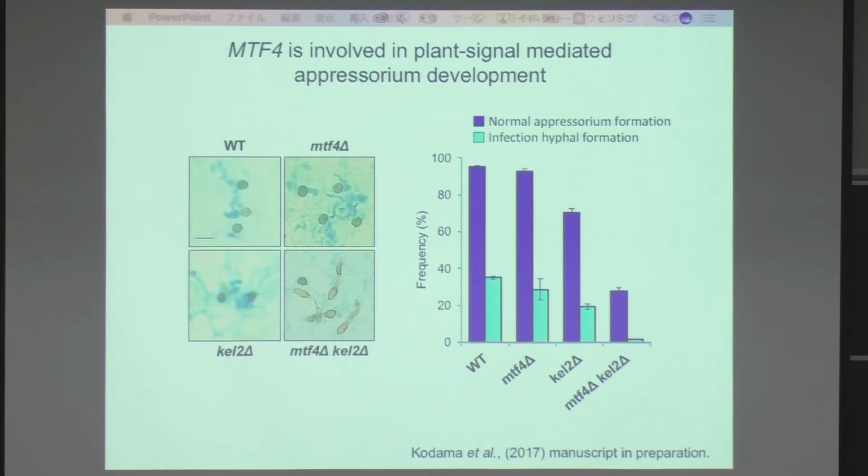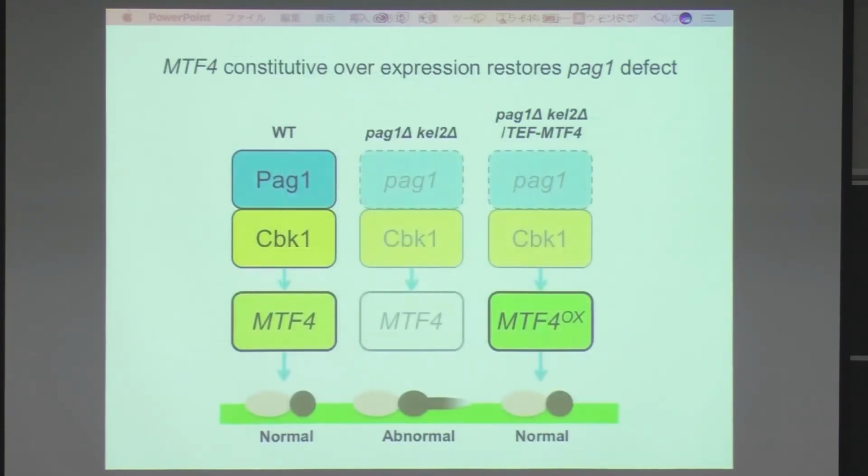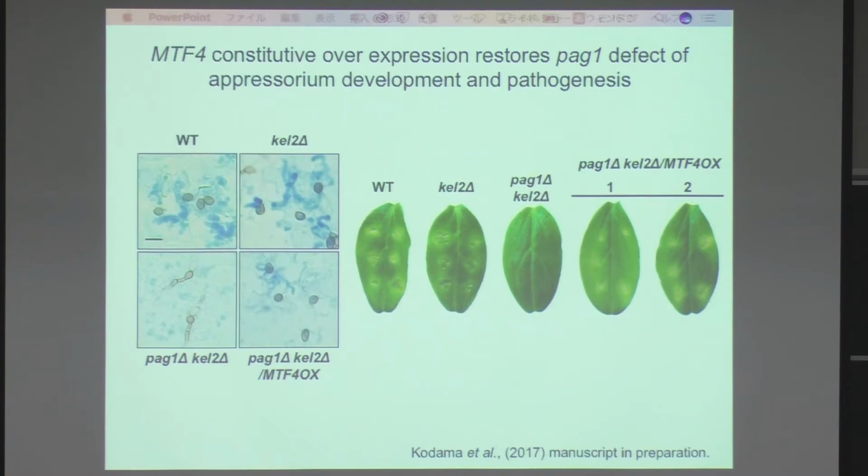So a single mutation does not affect pathogenesis or morphogenesis, similar to the PAG1 mutation. If MTF4 functions downstream of MOR, introduction of a constitutively active overexpressor to the PAG1 COK2 mutant would restore normal appressor formation. And the result is as expected.